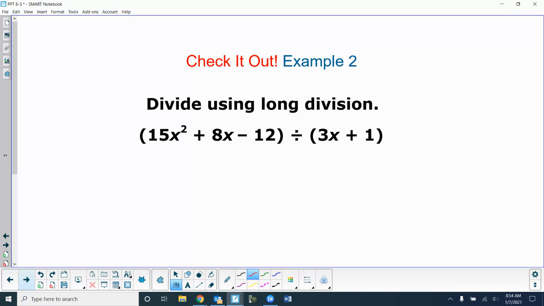This is gonna be more pressure. 3x. So, both times 1? Yeah. 3x, put it underneath the X. That's 1 times 1, put it under 12. And now subtract.